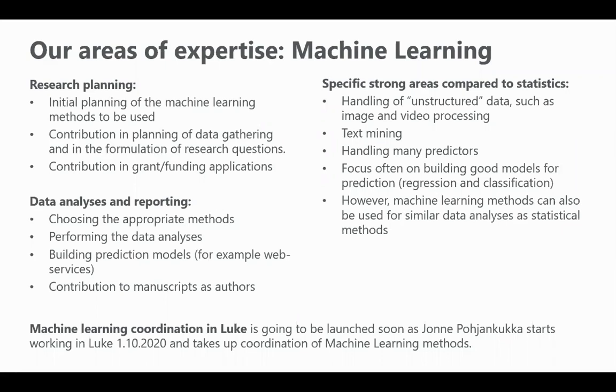So applications such as image and video processing is something where machine learning can give a lot more compared to statistics. And for us in Luke, this is the really huge area that we are focusing on, different kinds of applications that produce images or video. So this is a big challenge for us now and in the future.